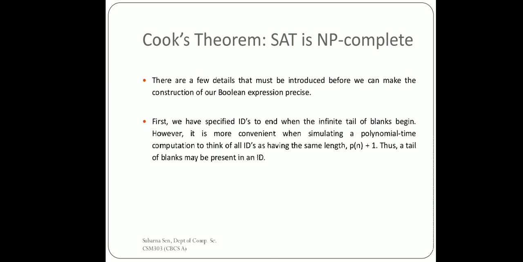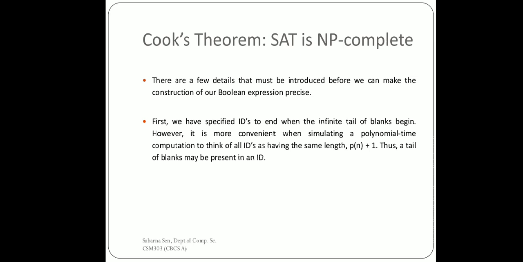Okay. Now there are a few details that must be introduced before we can make the construction for the Boolean expression precisely. So let us see what are the few details we have to learn before we can move directly to the theorem. First, we have specified IDs to end when an infinite tail of blanks begins, right?